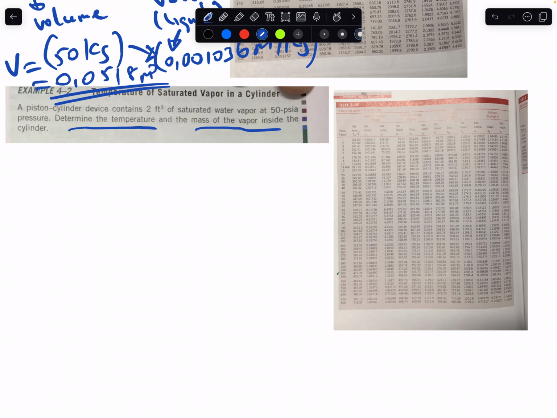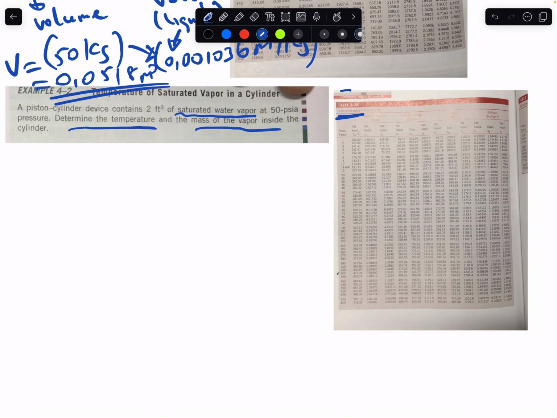To do that, I look at the question and I see that a piston cylinder device contains 2 foot cube of saturated water. So this is the working fluid. The working fluid is saturated water vapor, and therefore I look at my property table for saturated water, and that is my property table.